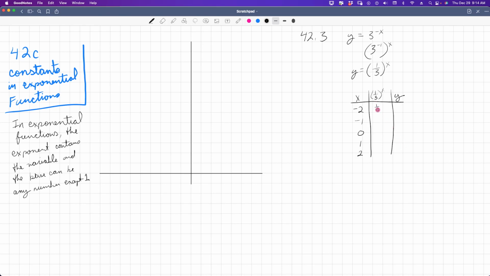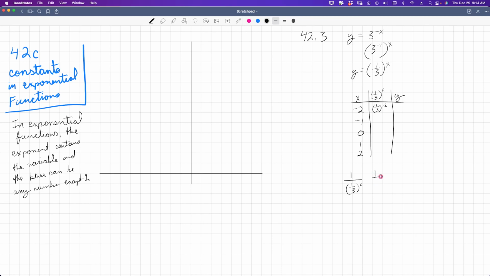So 1 over 3 to the -2. Well, we know that that is going to be 1 over 1 over 3 to the 2, right? So this is keep it, change it, flip it. Or that's one way that you can do it.